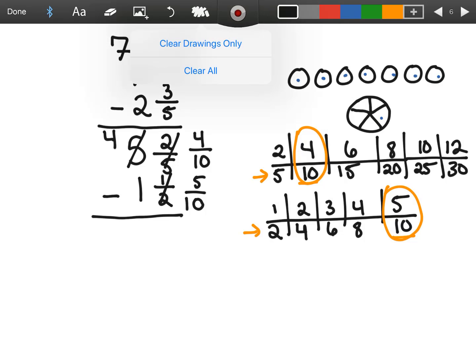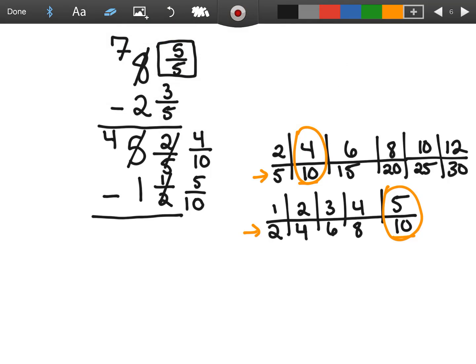And just like before, let me make some room. I'm still going to have 5 wholes, but instead of calling it 5 whole, I'm going to call it 4 and 10/10. So it's still 5 wholes, but I'm going to turn one of them into 10/10.